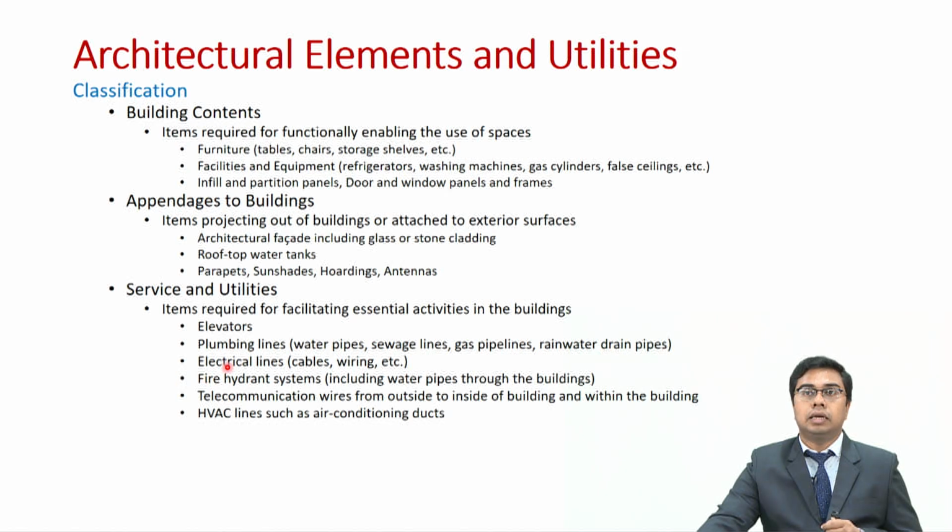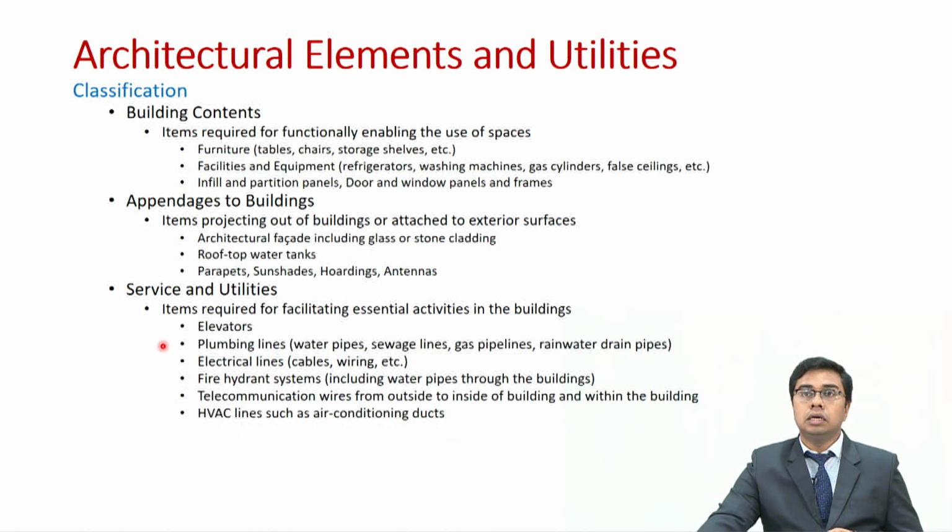We will have electrical lines, which will include cables, wiring, etc. We will have fire hydrant systems, which shall include water pipes through the buildings. Then we will have telecommunication wires from outside to inside of the building and within the building. Similarly, from outside to inside of the building there shall be electrical lines as well. Then we will have HVAC lines, heating, ventilation and air conditioning lines, such as air conditioning ducts, etc.